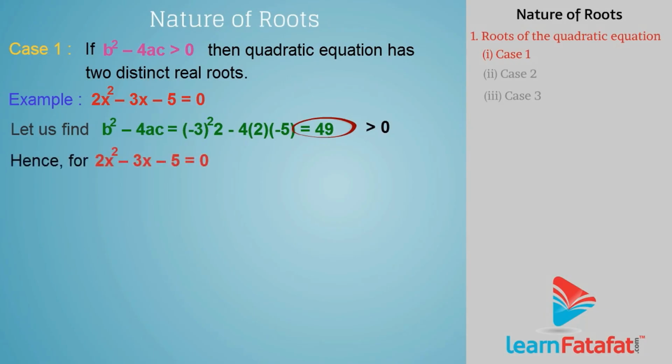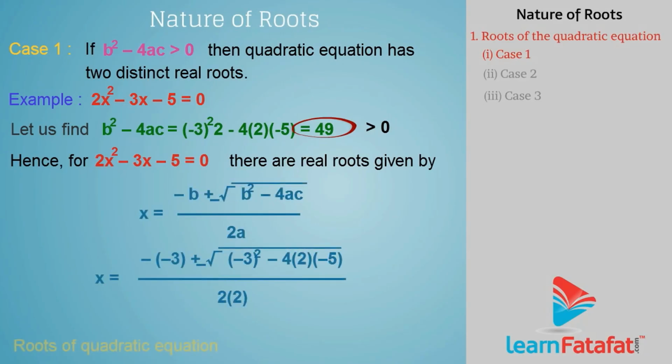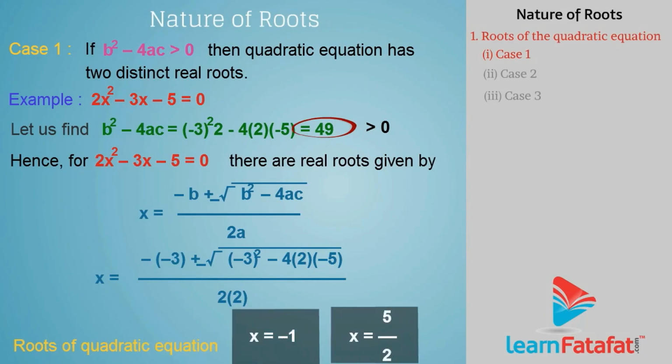Thus, for quadratic equation 2x square minus 3x minus 5 is equal to 0, there are real roots given by formula x is equal to minus b plus minus square root of b square minus 4ac divided by 2a. Putting all the values and solving it, the roots of quadratic equation are x is equal to minus 1 and x is equal to 5 by 2.